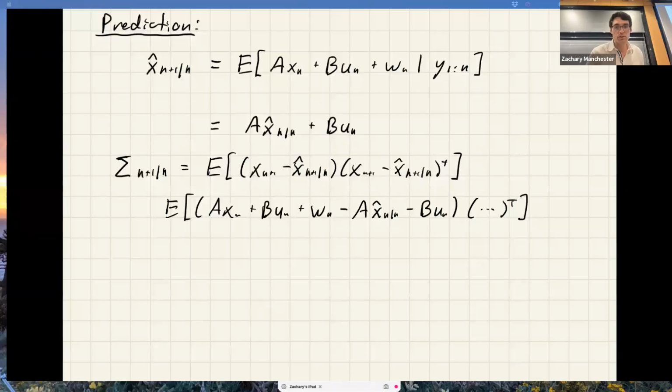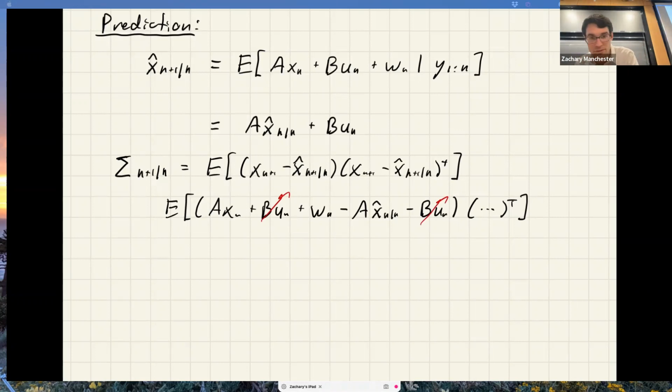Okay, here we go. Based on that, we're going to start crossing some stuff out. In particular, this BU stuff goes away because these get subtracted right there. And the AXWK cross terms are going to go to 0 like last time. So I'm going to cross out a bunch of that stuff.